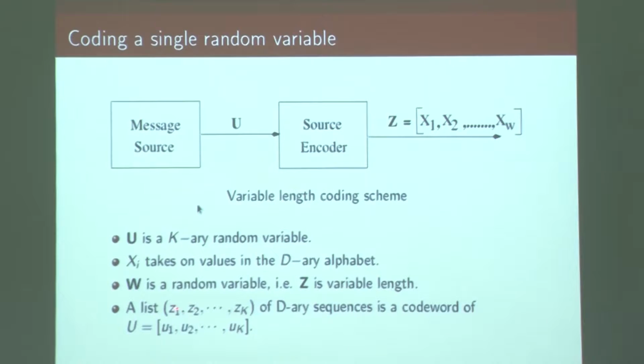So, this list z1, z2, zk is a code for my random variable u. The input u is a k-ary random variable, whereas the output takes alphabets from a d-ary alphabet.